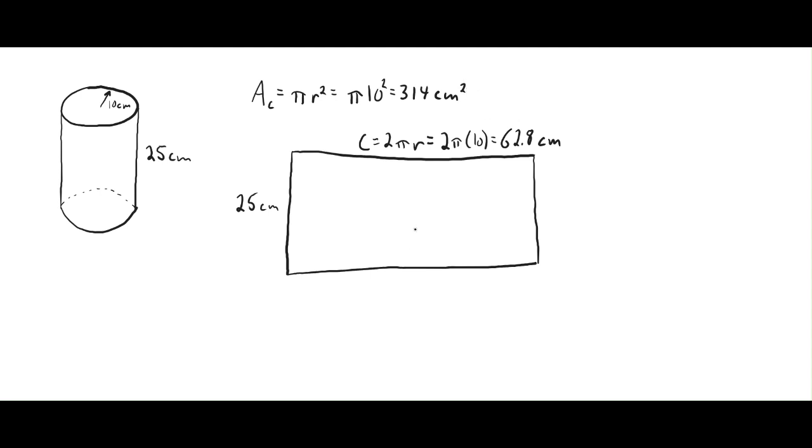Okay, so now let's find the area of this thing. We'll call it A sub r for the rectangle part, and that's 25 times 62.8.